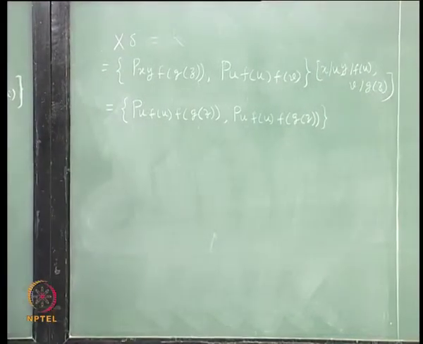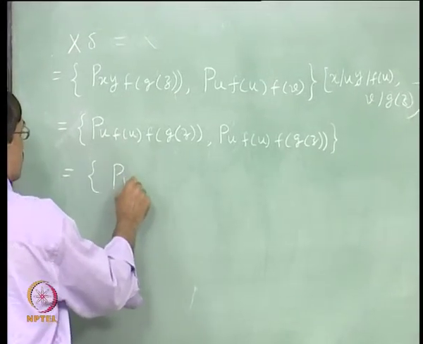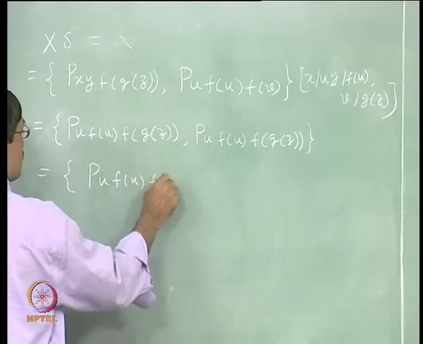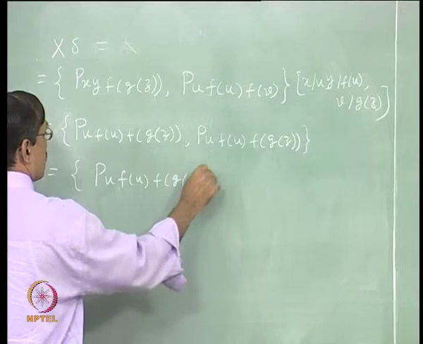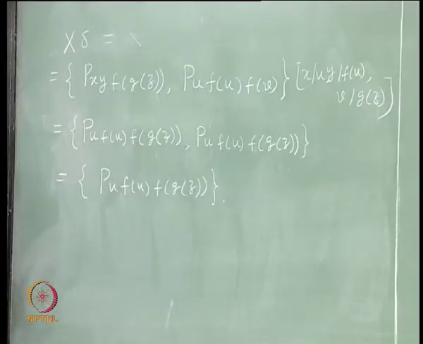So this is a singleton. So delta is also a unifier.